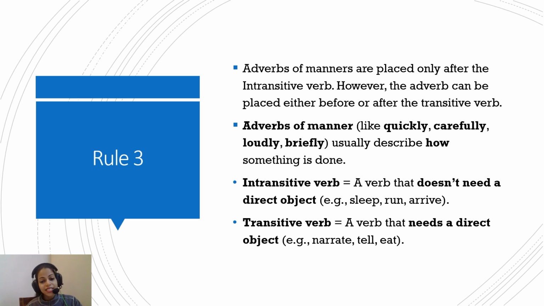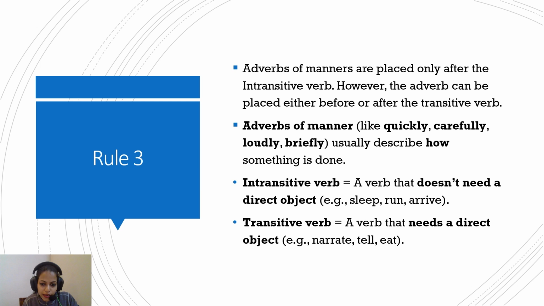Okay. Now, what is an intransitive verb? A verb that doesn't need a direct object. For example, sleep, run, arrive. In order to better understand what an intransitive verb is, we need to first understand what a transitive verb is. A transitive verb is a verb that needs a direct object. For example, narrate, tell, eat. For narration, you have to have somebody, an object of narration, somebody to whom this narration is done.